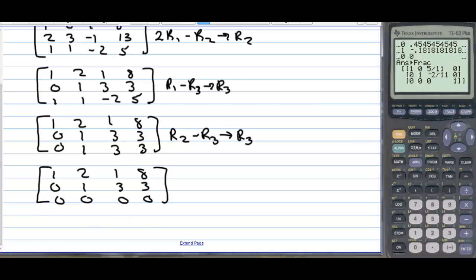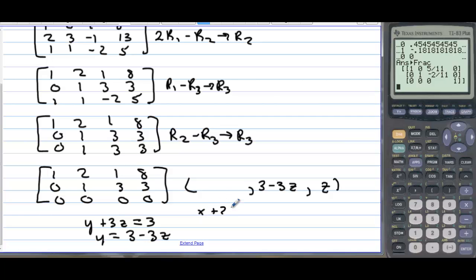Well, we have infinitely many solutions, but we're going to be able to pick a z, and then y plus 3z is equal to 3. So y is equal to 3 minus 3z. So if we pick a value for z, the y has to be 3 minus 3z. And then x plus 2 times 3 minus 3z plus z is equal to 8.